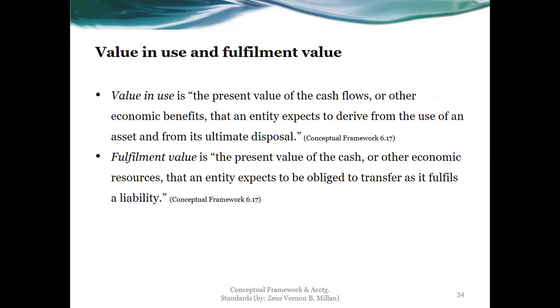So when we dispose, for example, we sell an asset, how much would be the expected present value of the cash flows that would be generated from the use up to its ultimate disposal. So meaning we have to estimate as to how much really would that asset bring us in a future time, but we have to compute it at time zero, and then that would be our amount to be considered.